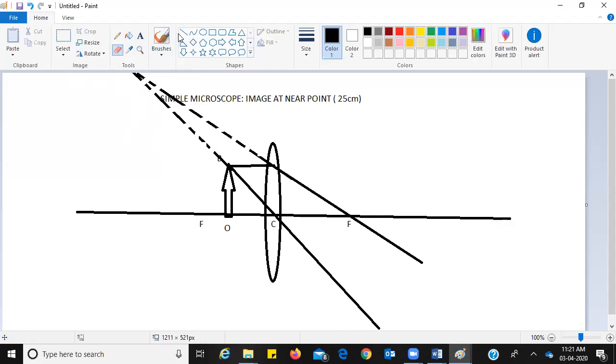I will draw the image here. Doesn't it use two convex lenses? That's for the compound microscope. Simple microscope has only one lens. And this is the image.